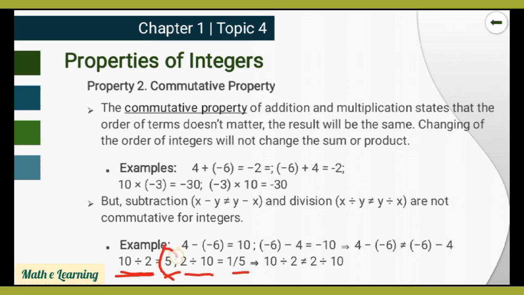Now check whether these answers are the same. No, both are different. That means if you change the order of integers in division, then you will get a different answer, not the same, right? That means this property does not apply to division.